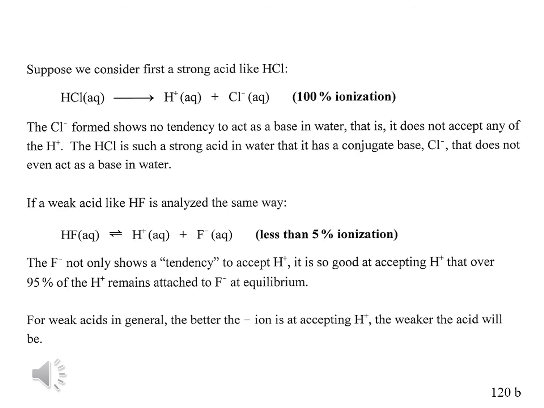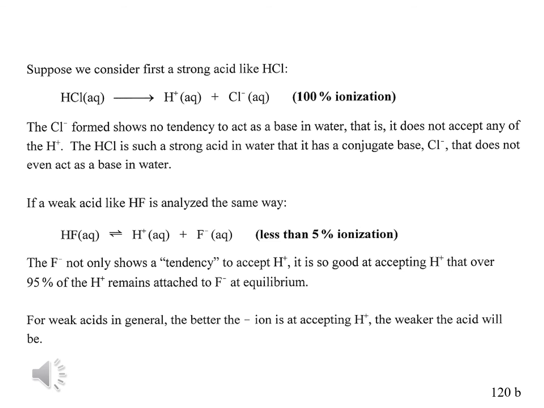Look first at the HCl, which splits apart 100% into ions. Cl- is officially called the conjugate base of HCl, but in water, Cl- is so weak that it doesn't even act as a base, because the HCl is always 100% ions, and Cl- has no ability to act like a base, which means it can't take back the H plus because it always stays separate from it.